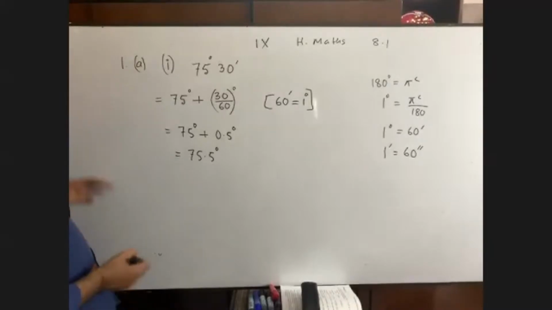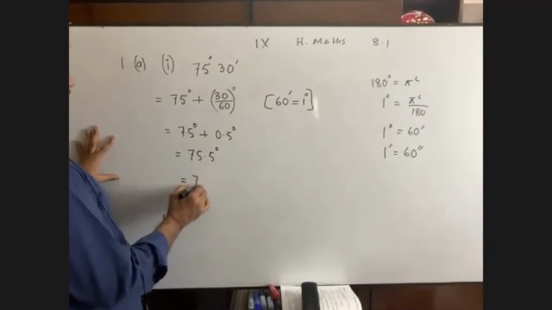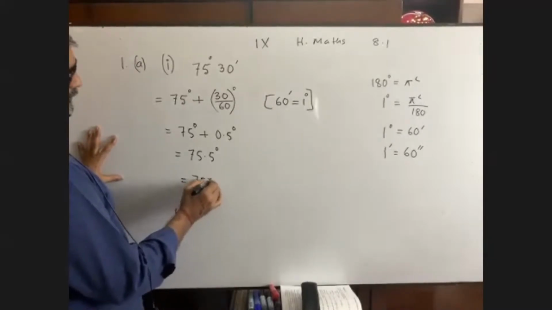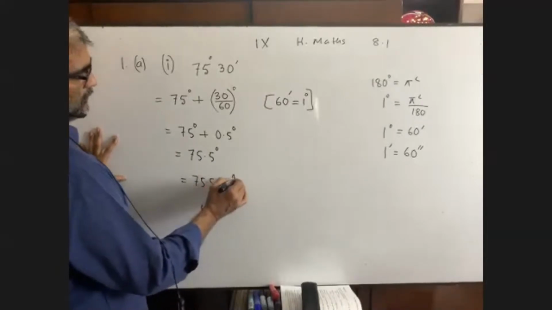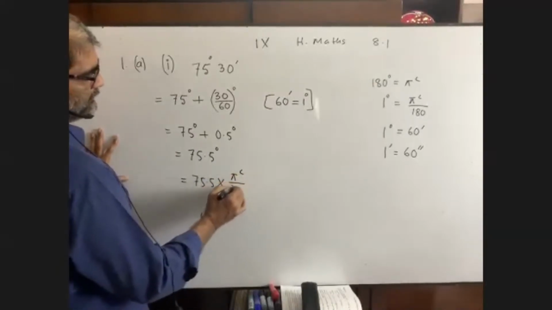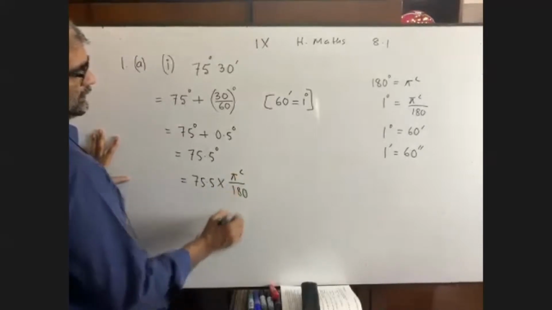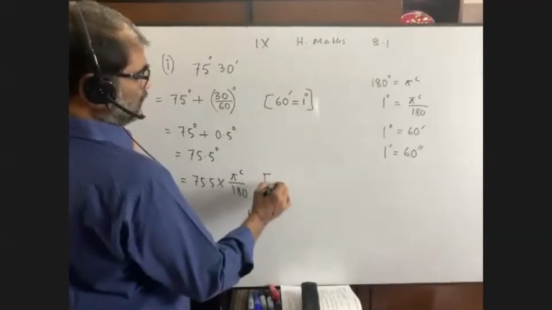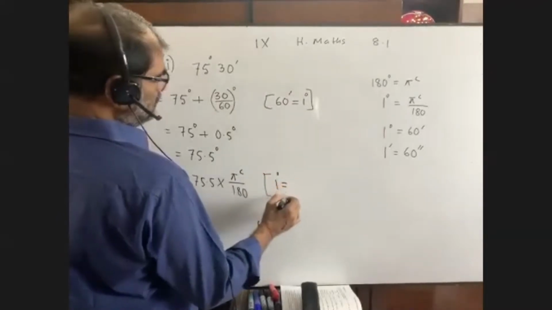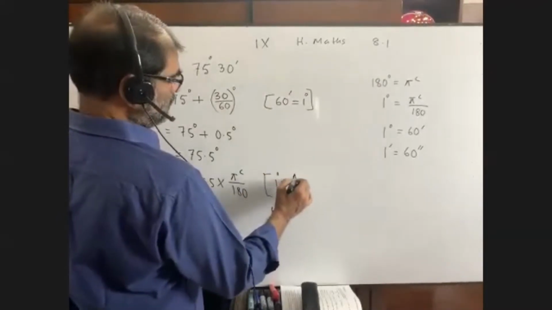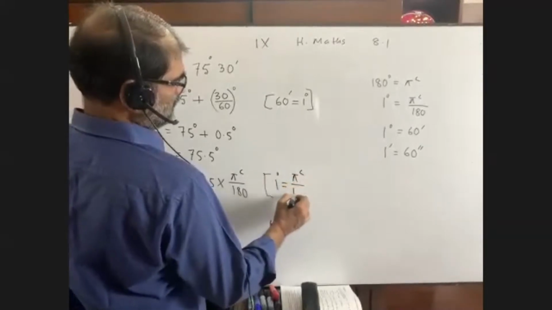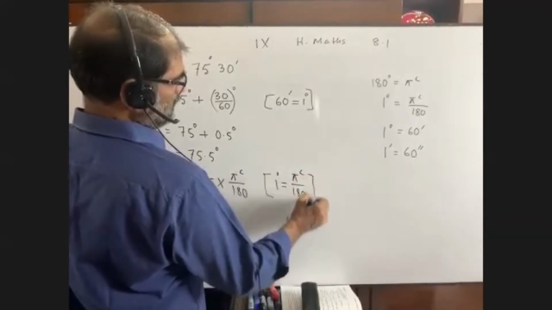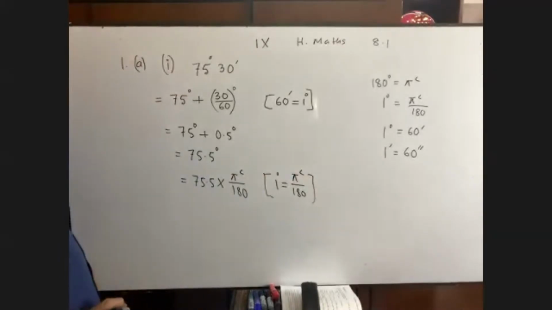Pi radian by 180. 75.5 into pi radian by 180. You have to give the side note here. That is 1 degree is equal to pi radian by 180. Now, what is the value of pi?